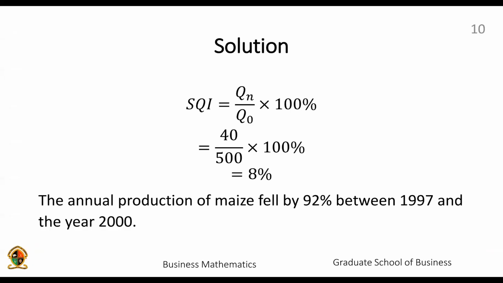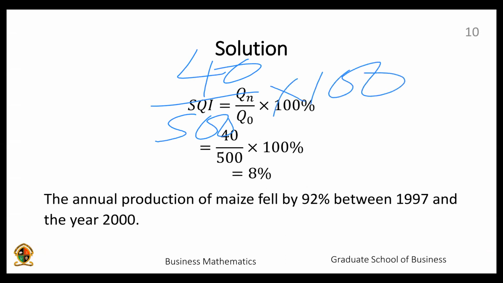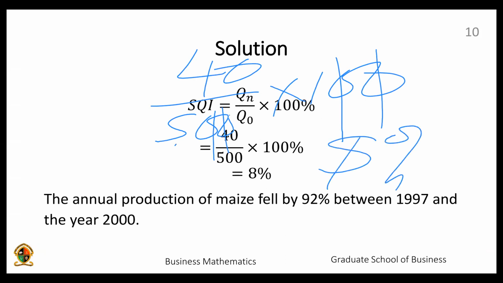And what you get is 8%. So 40 divided by 500 times 100. 5 into 40 is 8. 8%.